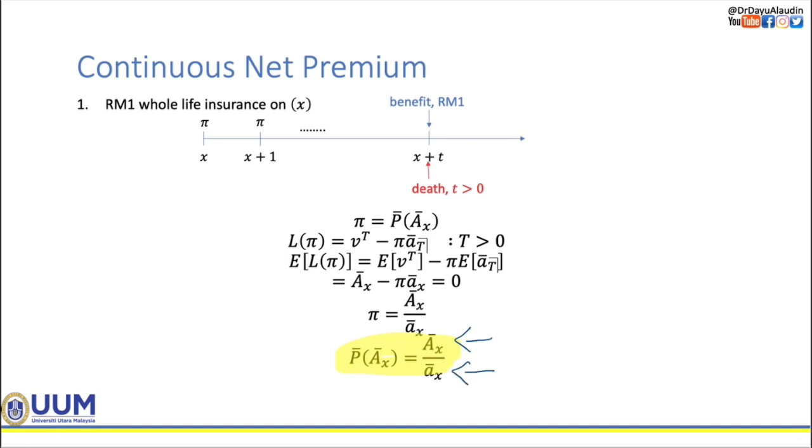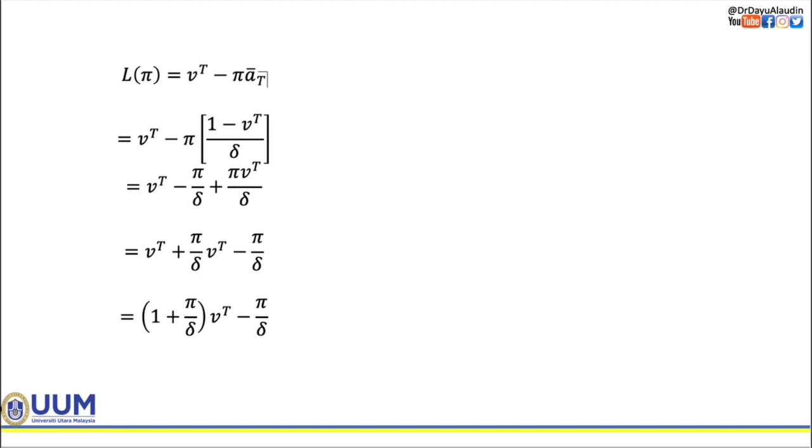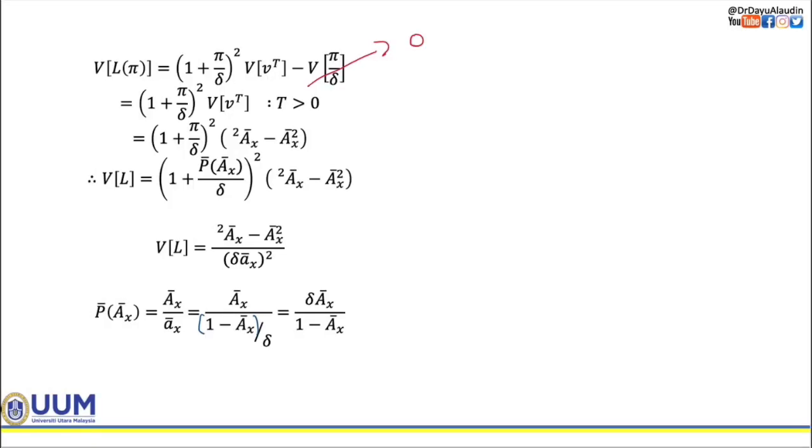This is for whole life, meaning that the numerator uses whole life insurance and the annuity also uses whole life annuity. This is how we get the formula. And this is how we find the variance of the loss function. So we also can find the premium using this formula.